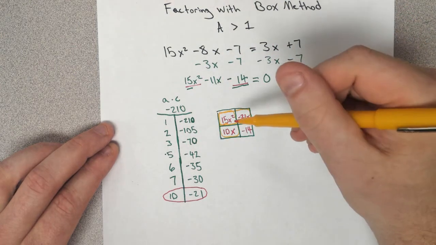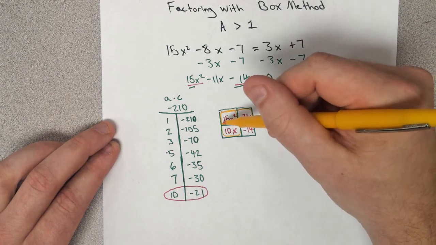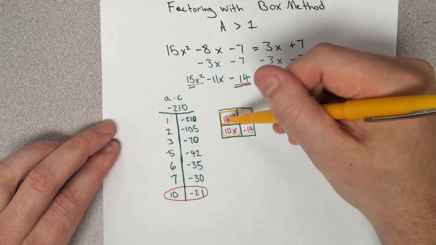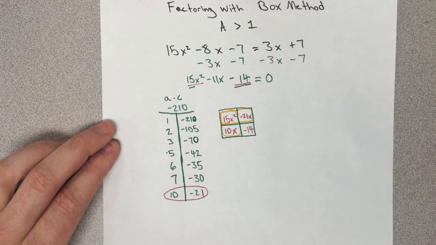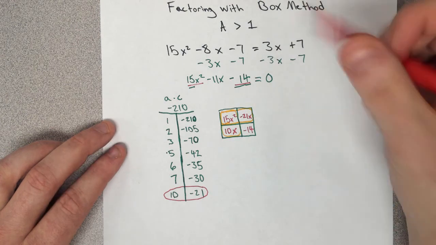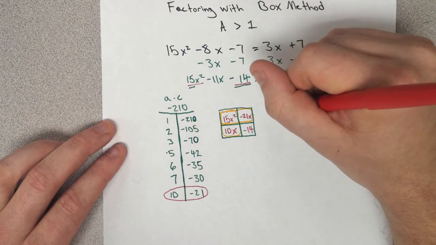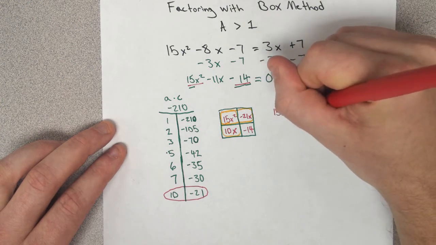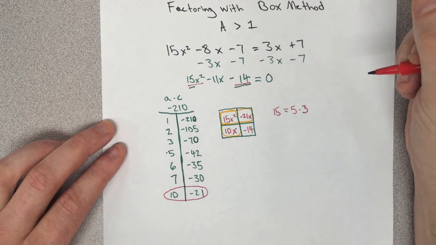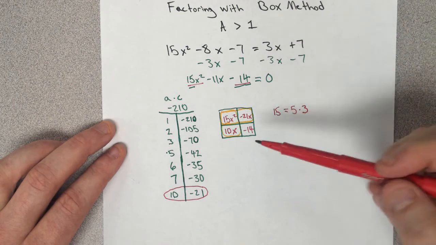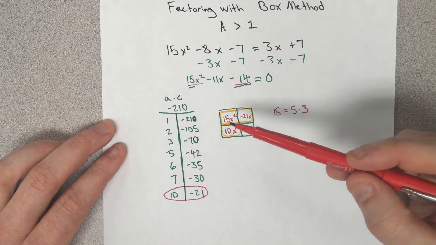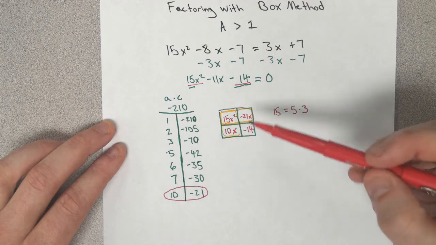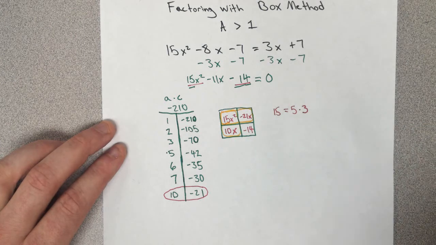It can come out of both if this number can be written as a product of two different factors. And so if we view 15 as a product of 5 and 3, then we can see how we can pull out both of those factors from this row and from this column. We have to be able to divide them both out.